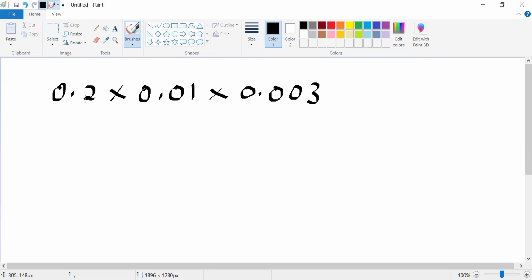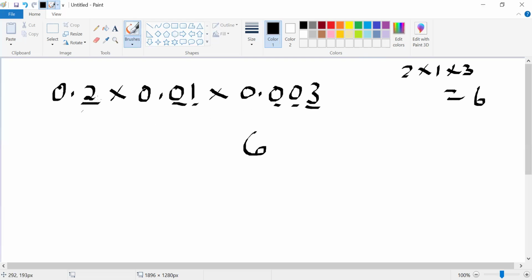So let us first multiply 2 into 1 into 3. 2 into 1 into 3 is 6. Now how many decimal places must we have? Count. Here 1 decimal place, here 2 decimal places, here 3 decimal places.